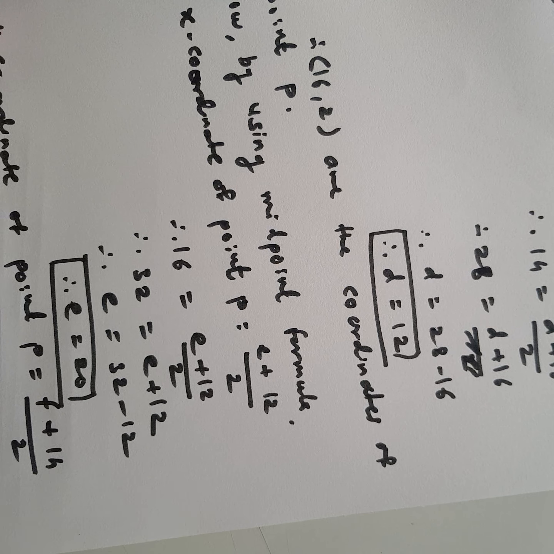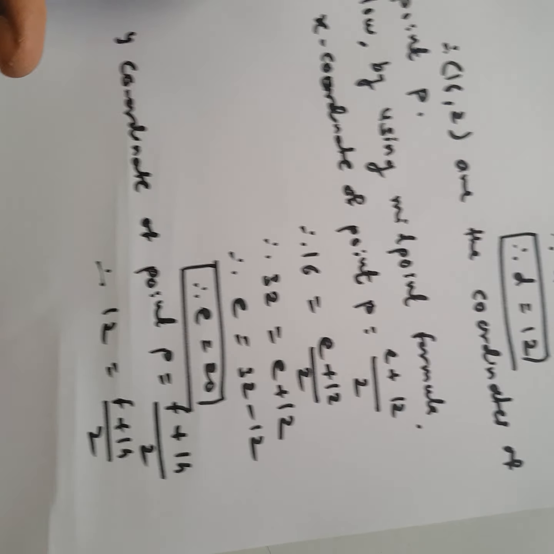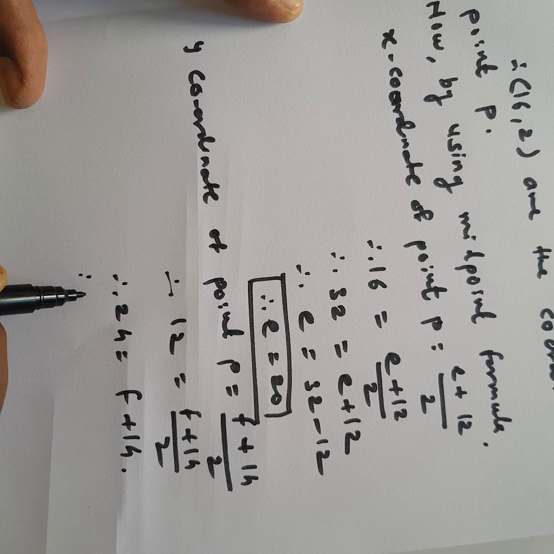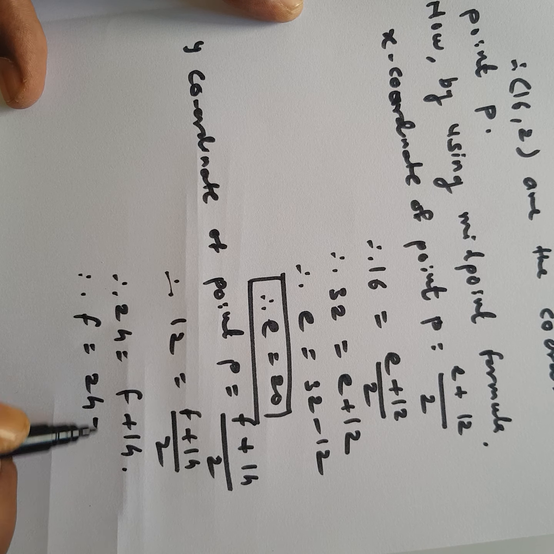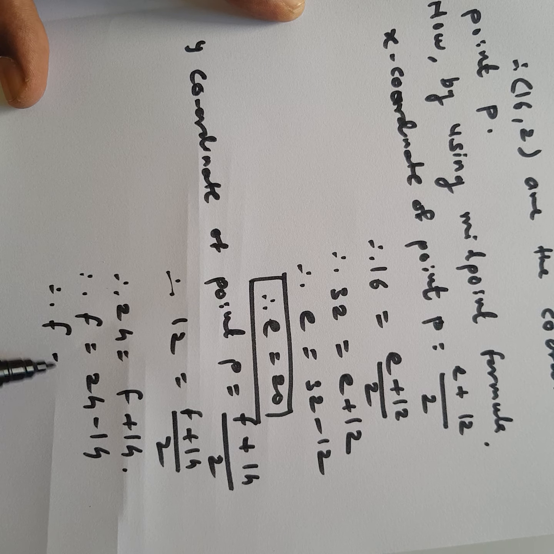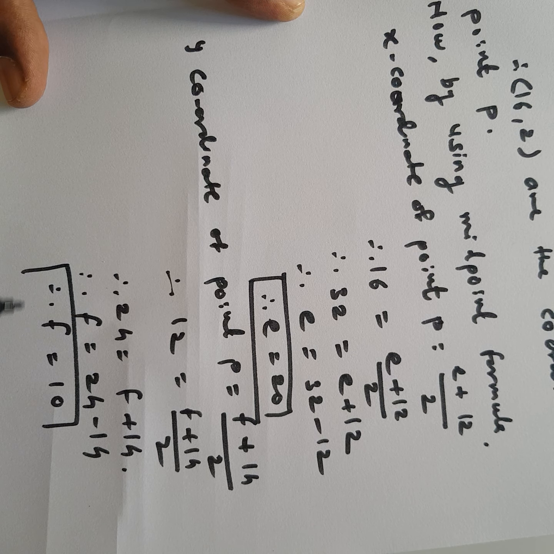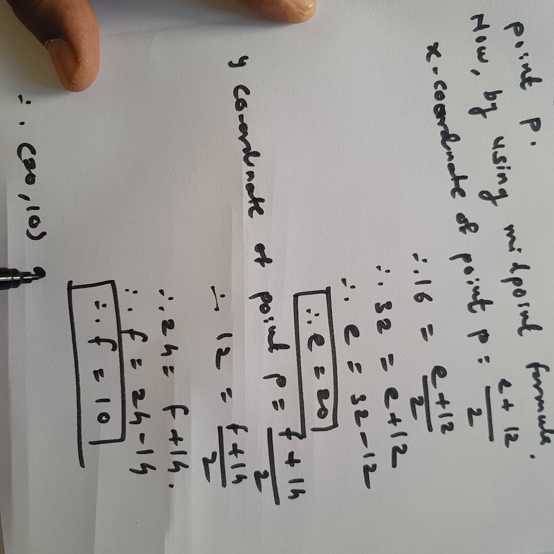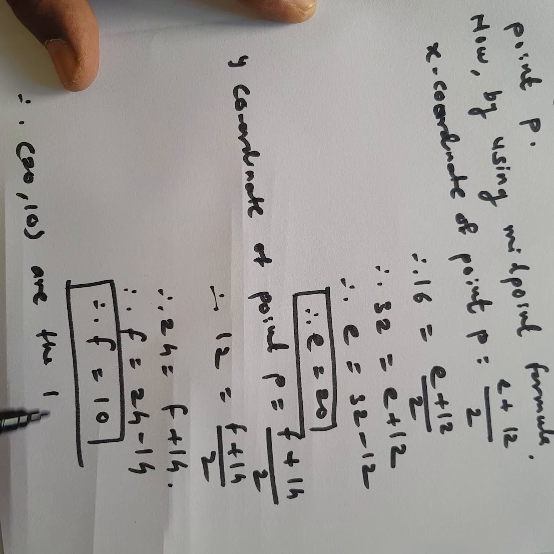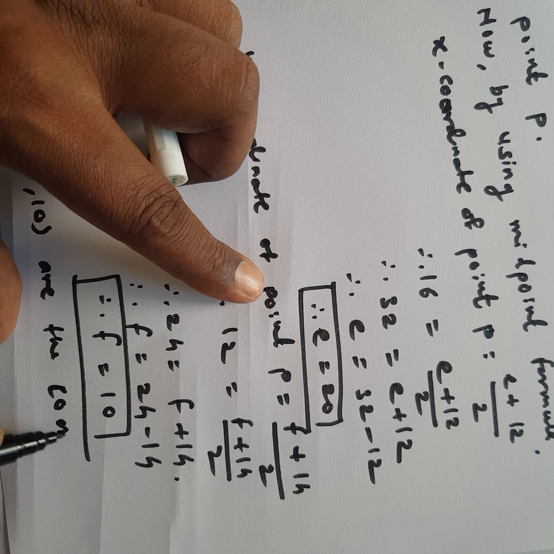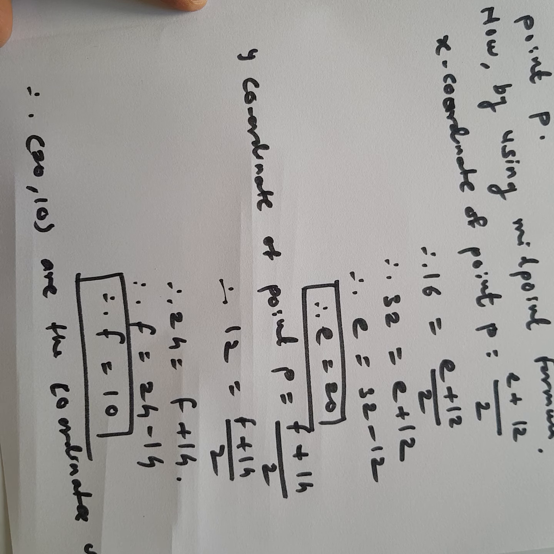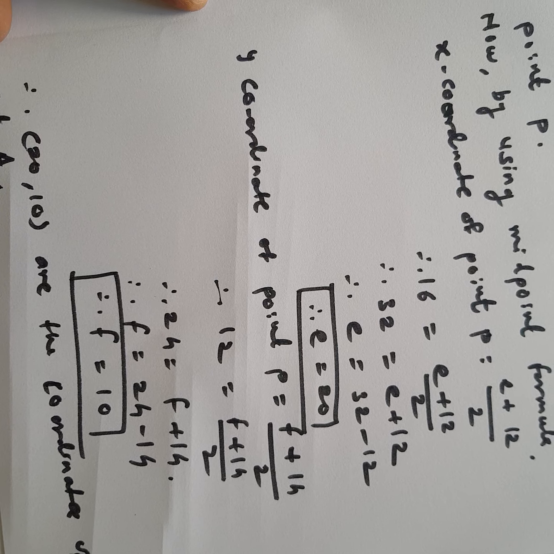Therefore 12 is equal to F plus 14 upon 2, therefore 24 is equal to F plus 14, therefore F is equal to 24 minus 14, therefore F is equal to 10. Therefore 20, 10 are the coordinates of point A.